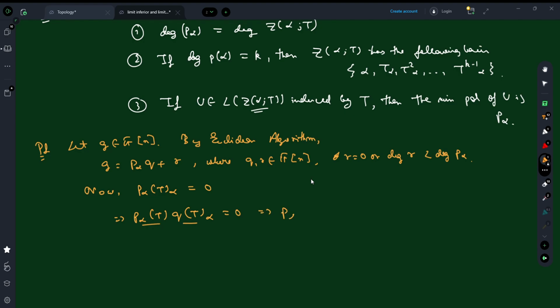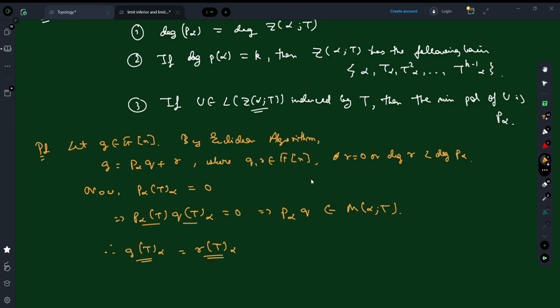So that means P alpha Q is an element of the T-annihilator of alpha, right? That is exactly because they are equal to 0. Therefore, G(T) of alpha is the same as R(T) of alpha. Now, just look at the fact that G(T) of alpha must be an element of the T cyclic subspace generated by alpha, right?